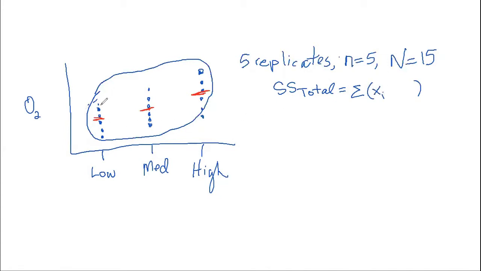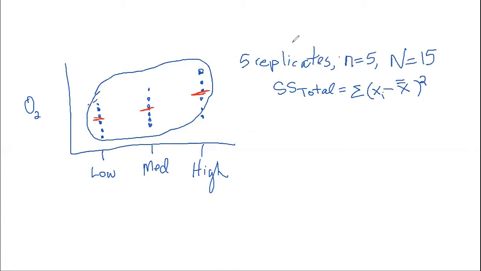So i represents individual observations, okay? And we'll get to it, but j will represent which group we're in. So that'll indicate which group we're in. We take each observation and we're going to subtract the grand mean, okay? And we'll square that, right? So we examine this difference, we square it and add it up for all observations, okay?